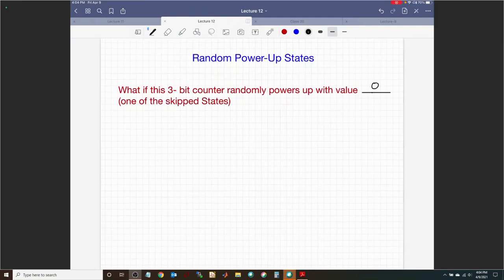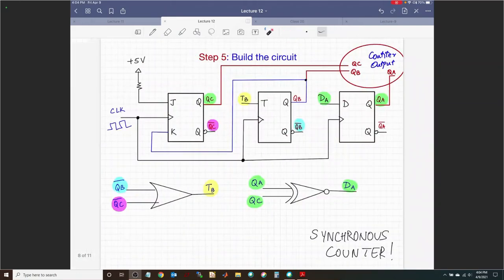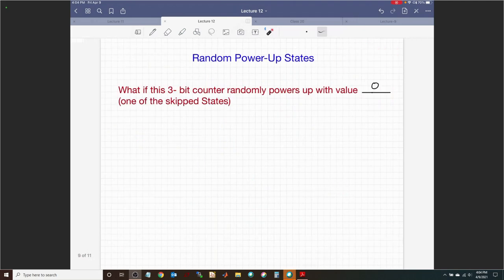All right. So let's say it powers up with the value of 0, what happens? You have already designed it, so you should be able to backtrack, reverse engineer, and find out what would happen given your implementation. Randomly powers up at 0.